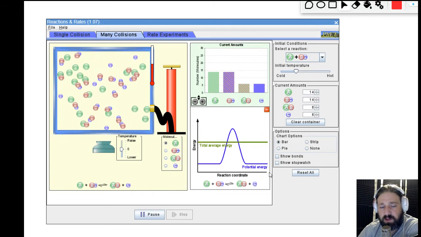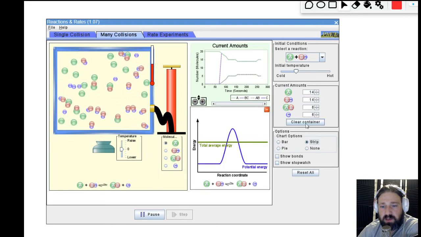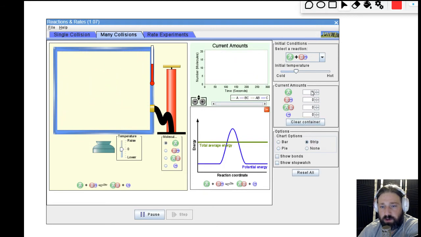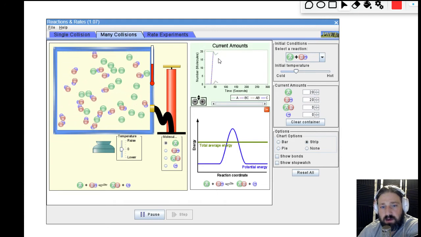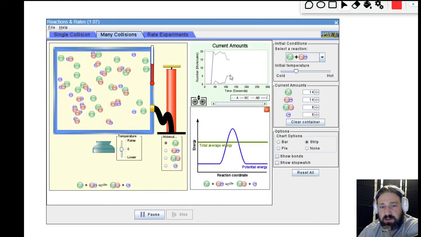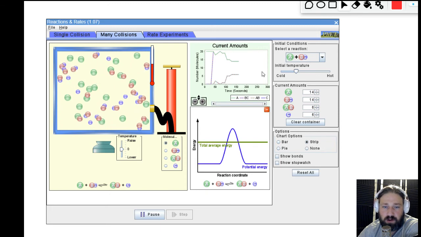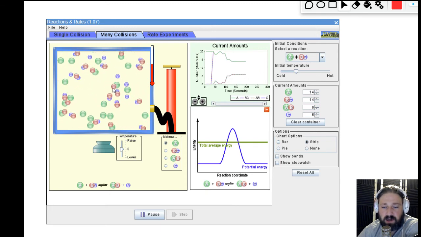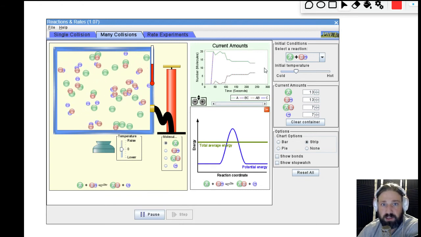It's flipping over to this side at a certain rate. In fact, if I clear and start over again, we can see what's going to happen. We should see these products going up and the reactants going down as they are moving around. And this is happening at a certain rate, right?